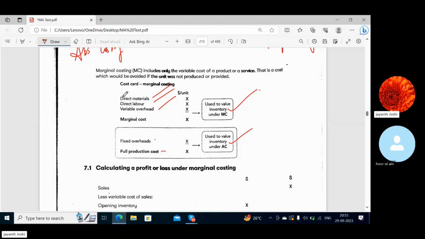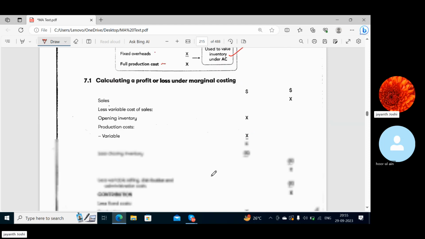That means you only take material, labor and variable overheads under marginal costing, and you take material, labor, variable overheads and fixed overheads under absorption costing. That means all four. There's a format here for marginal costing. Sales less variable cost of sales. Cost of sales, you know how to calculate, right?